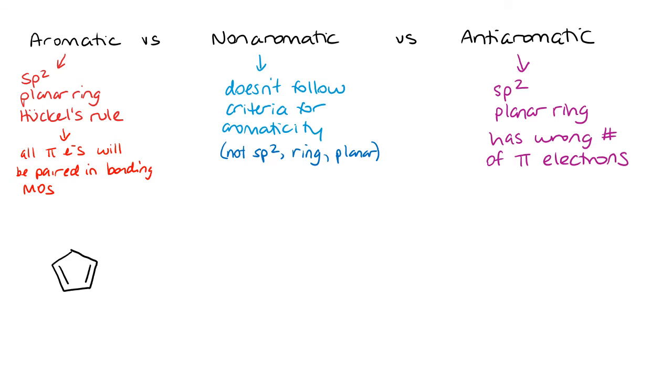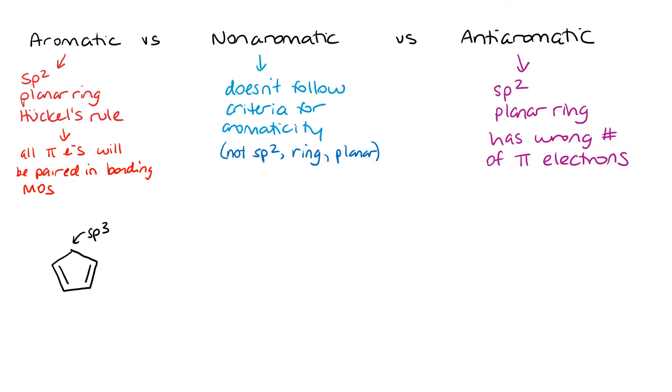Okay, so with this molecule, we do have a conjugated system. However, this carbon here is sp3 hybridized. Okay, so since we don't have all sp2 hybridized atoms in our ring, then it is non-aromatic.